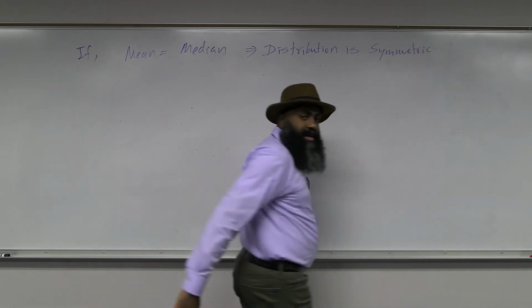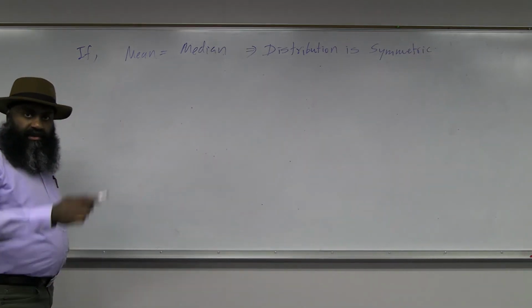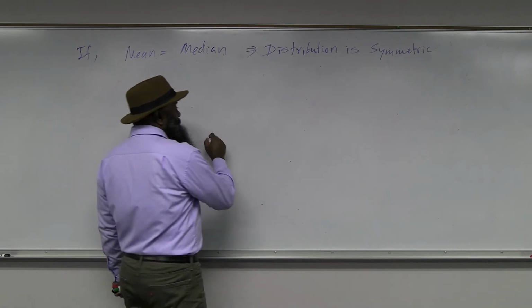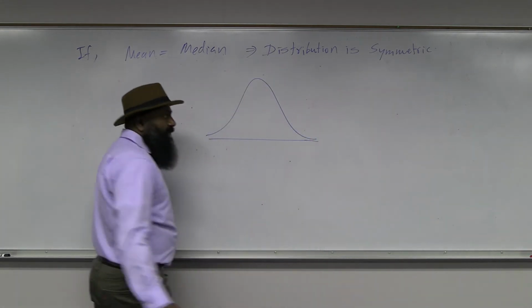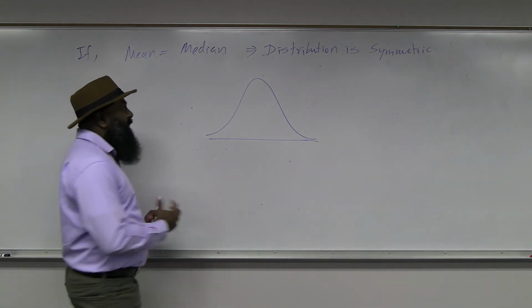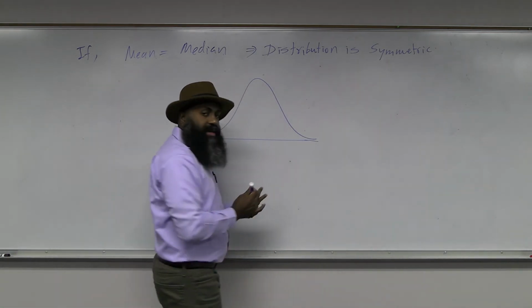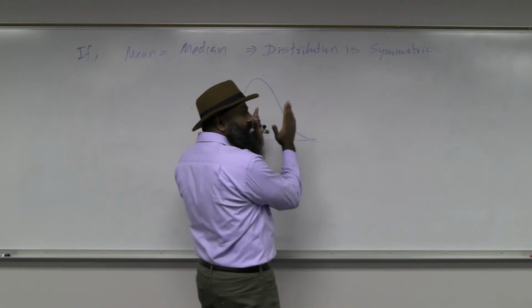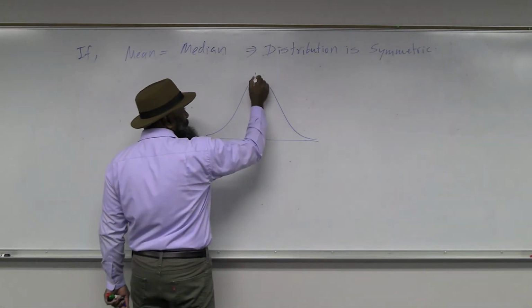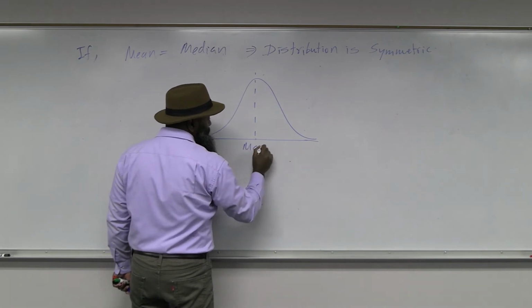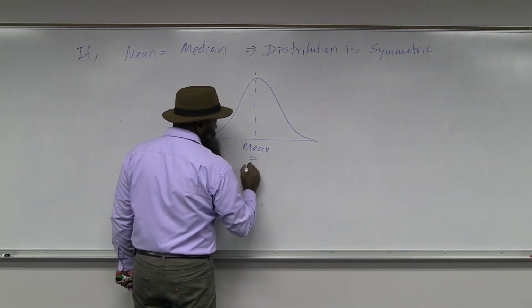In your lecture note, I have selected the symmetric bell curve. So if you have a symmetric distribution like that, symmetric means you have a center point, and if you fold it around the center, the two halves will nicely overlap. For this distribution, I can say mean equals median.